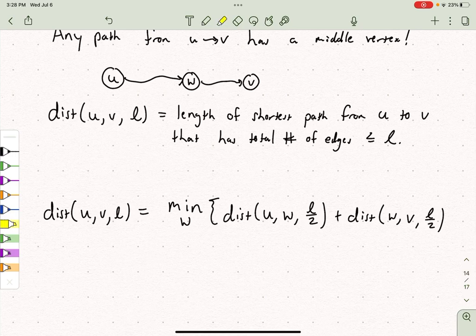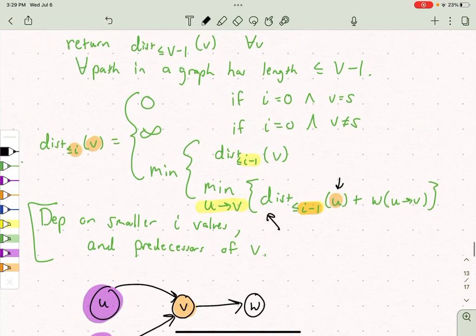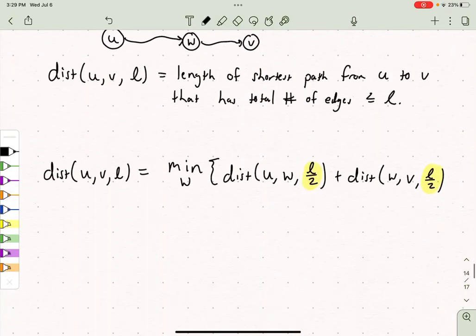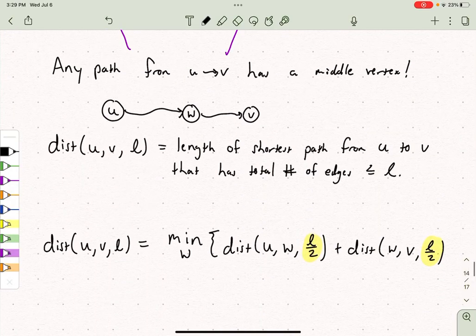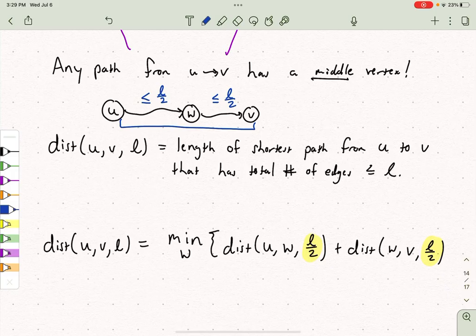You might be wondering, why is this L over 2 instead of L minus 1, which is what we did in the past, where we had i minus 1? The reason is that we're assuming this is the middle vertex. So if it's in the middle, the number of edges here are at most half, and the number of edges here are at most half, if the total thing has length L.